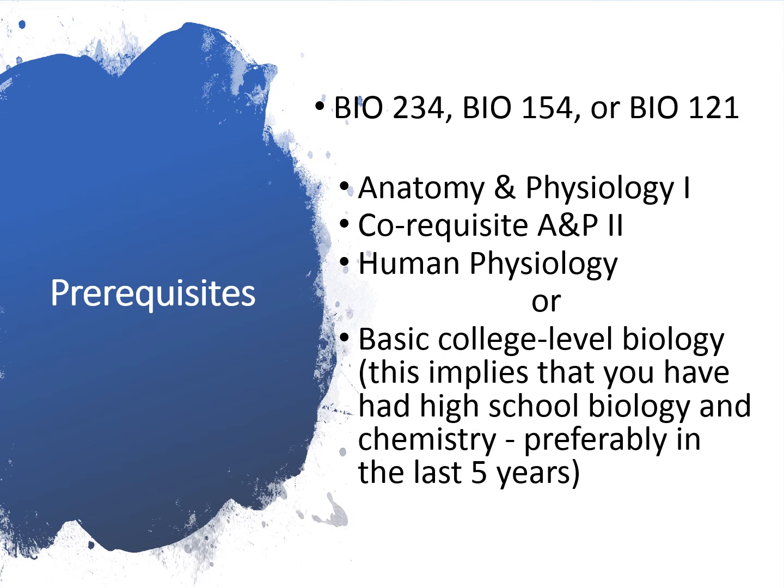If you're not a Bristol student, then as long as you've had a basic college level majors biology, then you should be fine. This implies that you've had some biology in high school and chemistry, and for your best understanding in this course, you should have had those courses in the last 5 years or so.